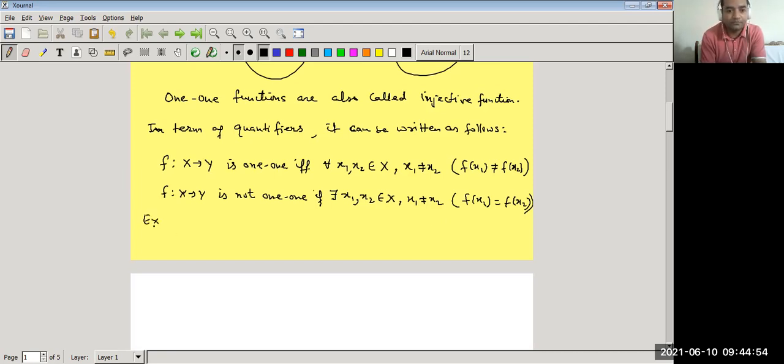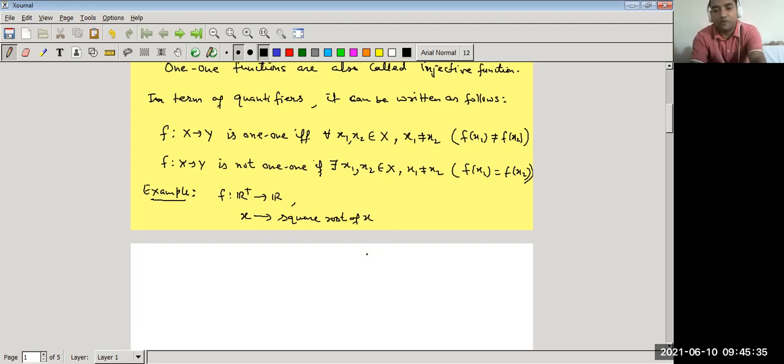Now an example. In my previous lecture we have taken an example of function f from R plus, R plus is positive real numbers, to real numbers, and you can take any element x from R plus, that is domain, and it goes to its square root of x.